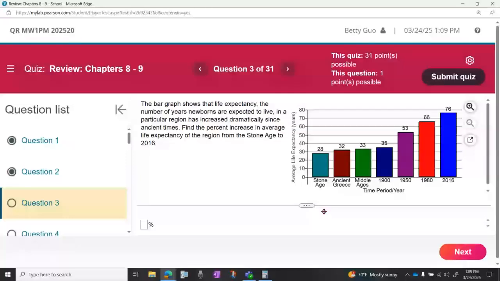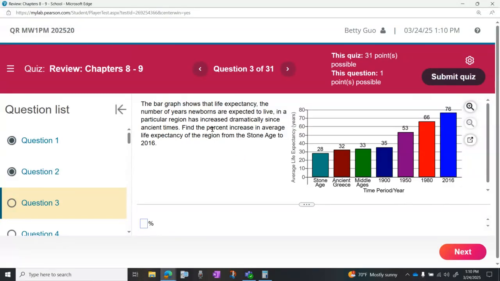Let's see the whole image here. Question number 3. The bar graph shows that life expectancy, the number of years newborns are expected to live in a particular region, has increased dramatically since ancient times.